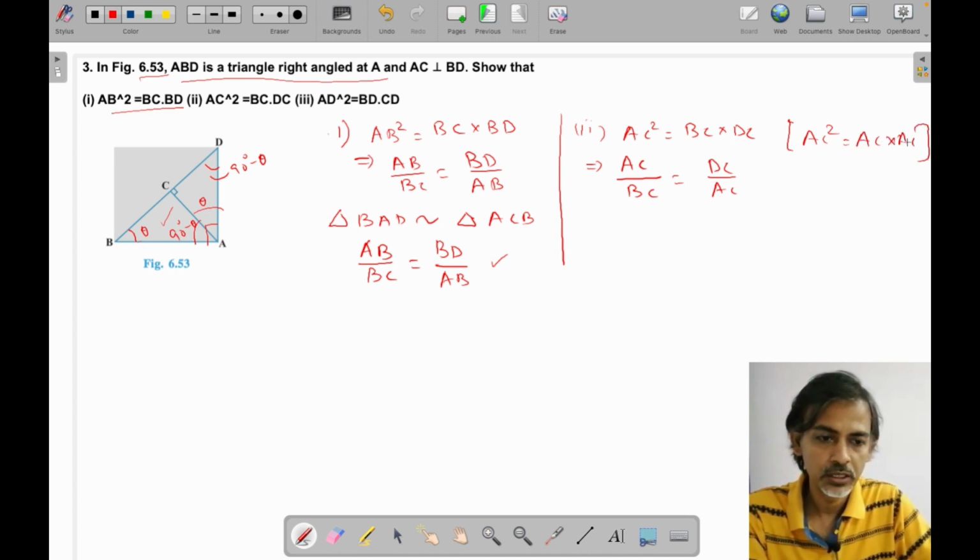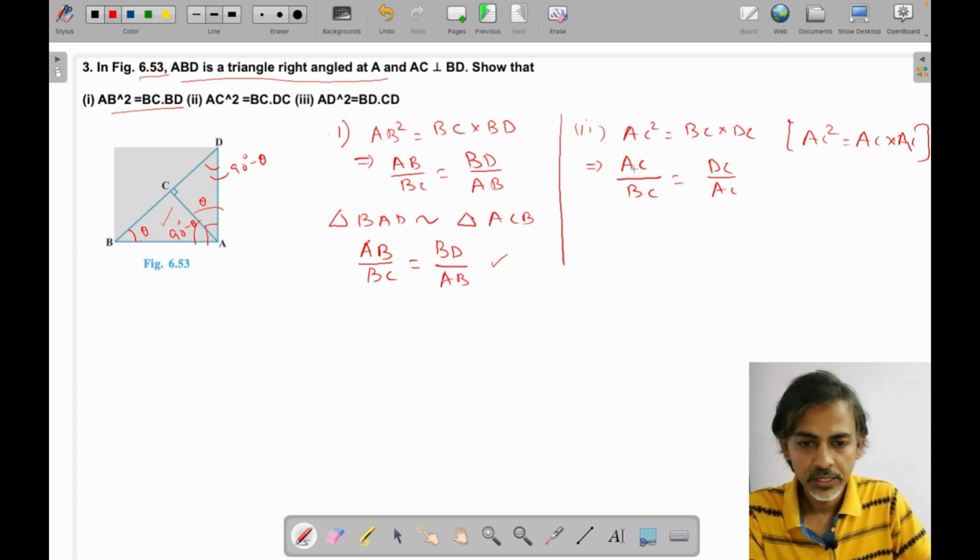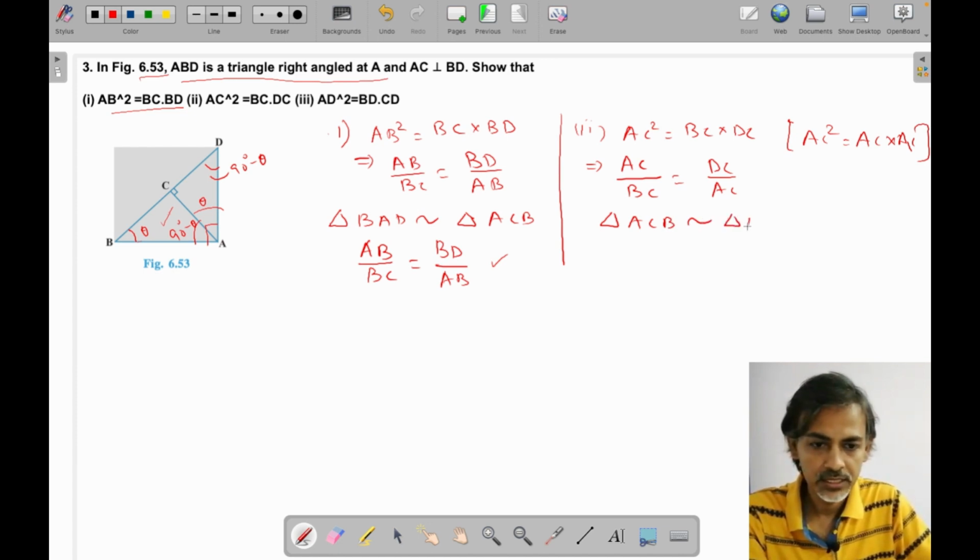Now look at AC and BC: we have the smaller triangle. We have DC, which is this side, and AC again. So we have to deal with these two triangles, and as we know, these two triangles are also similar. So triangle ACB is similar to triangle ACD.